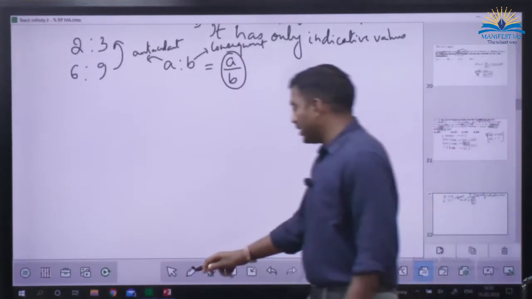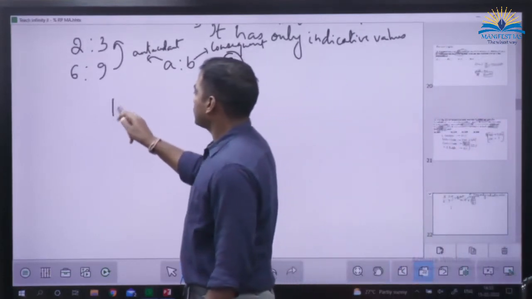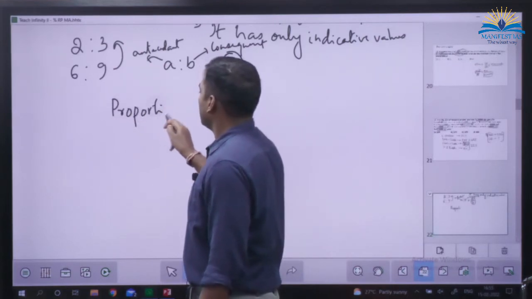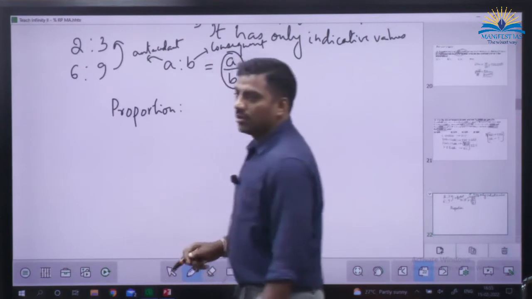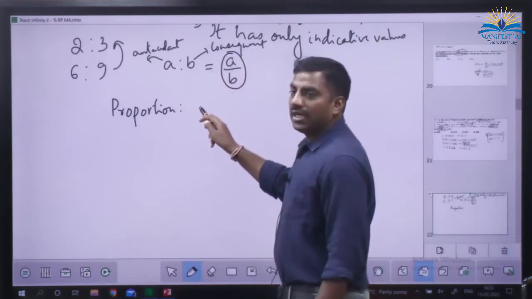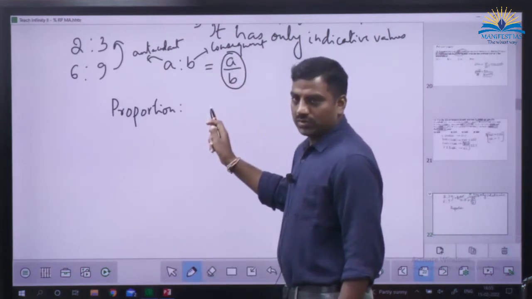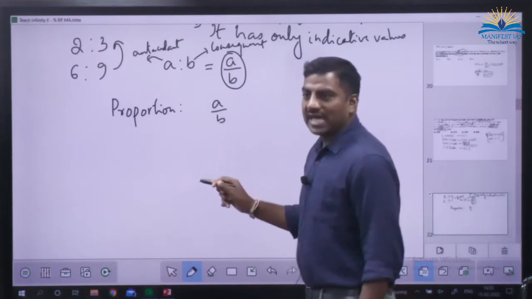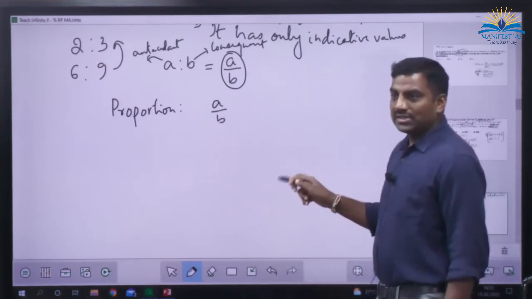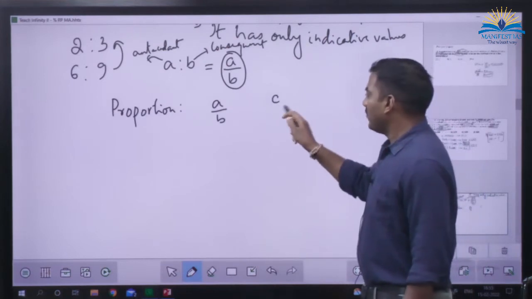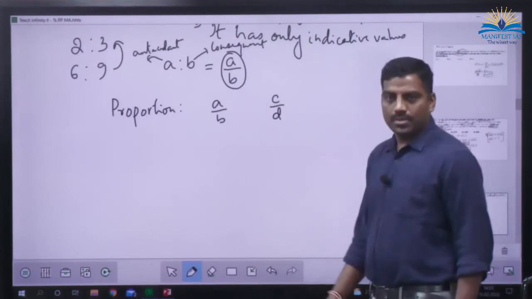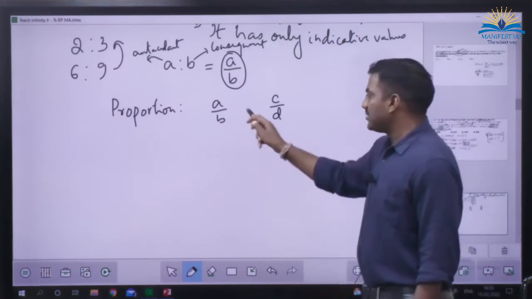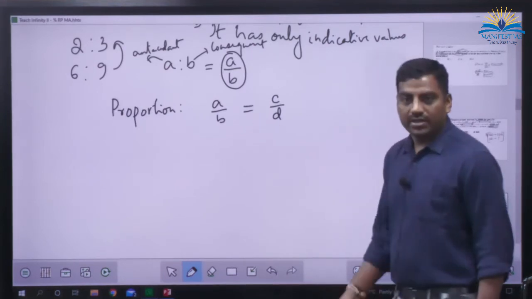Yes, equality, when you are equating two ratios. For example, A by B has the same value as C by D. Then you equate them.